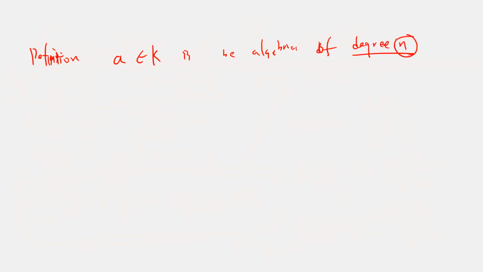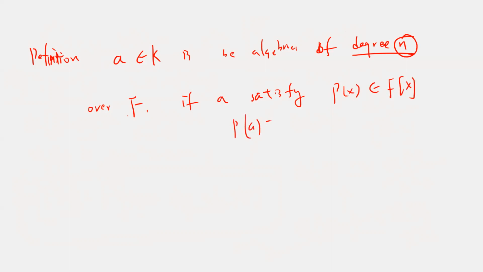Okay, so let's give a definition. The definition is that A belonging to K is said to be algebraic of degree n over F if A satisfies P of X in F[X], a polynomial with coefficients in F, such that P of A is 0.